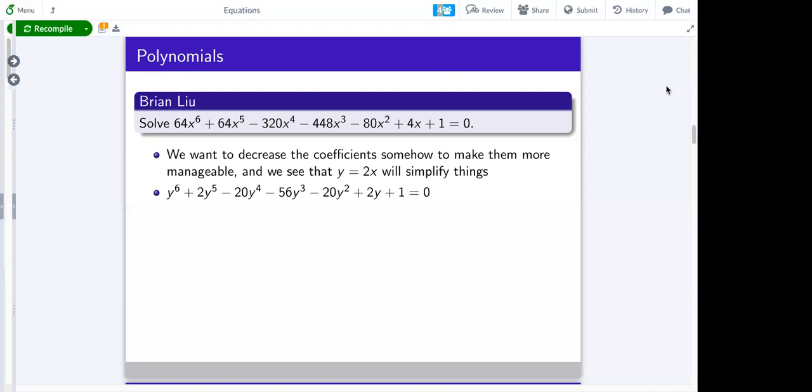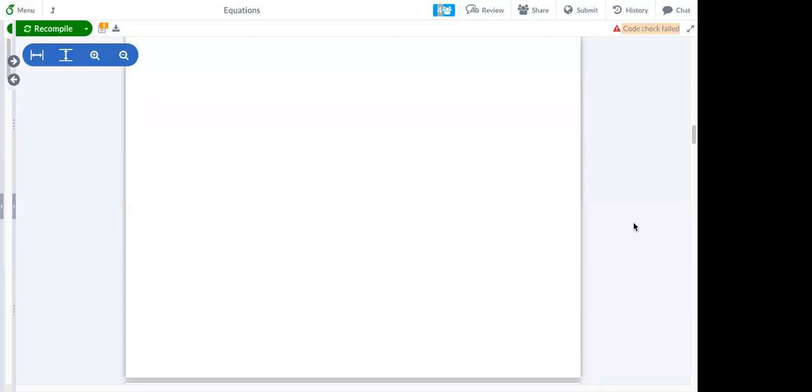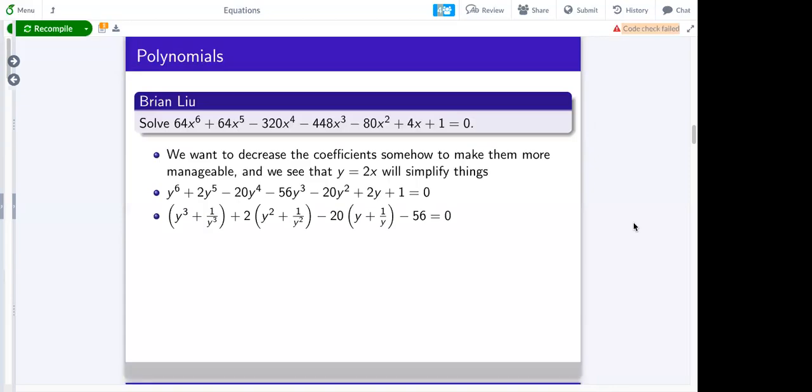So what if we tried that? We divide everything by y cubed. And when we divide everything by y cubed, we get something that looks like this. If we group the similar terms together, we get this nicer expression, this equation.